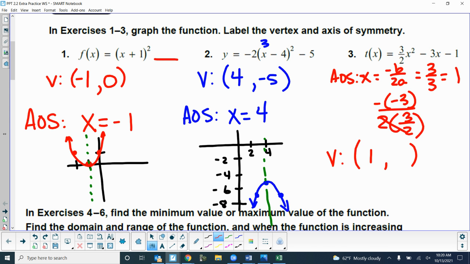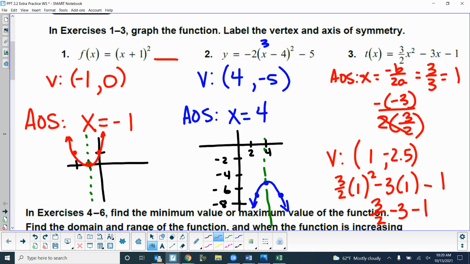We get 3/2 times 1 squared minus 3 times 1 minus 1. 1 squared is 1 times 3/2 is 3/2, minus 3 minus 1. 3/2 is 1.5, so what's 1.5 minus 3? -1.5 minus another one is -2.5. So there's my vertex. It's okay, it's not always going to be a whole number. Sometimes we'll get a decimal or a fraction.